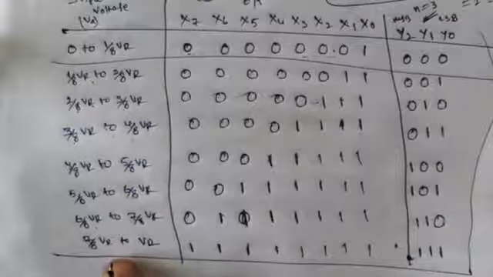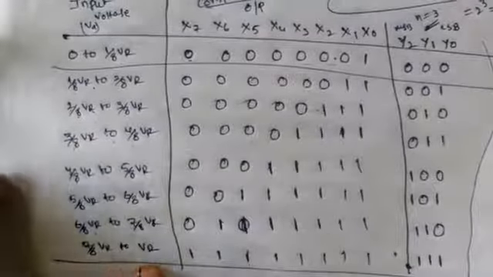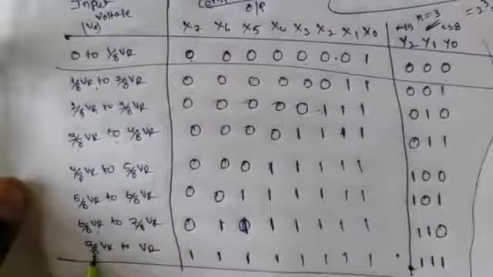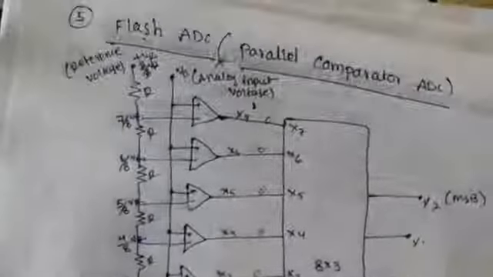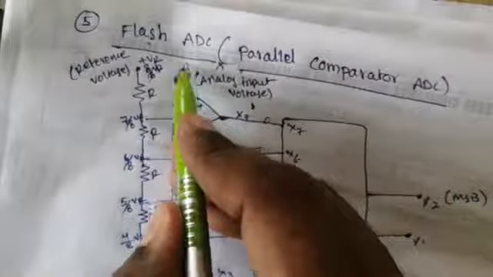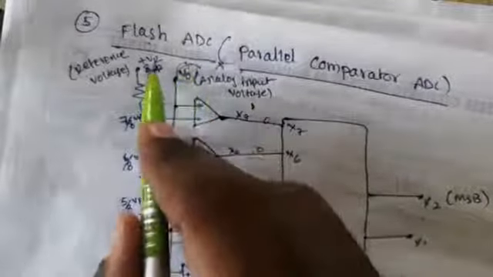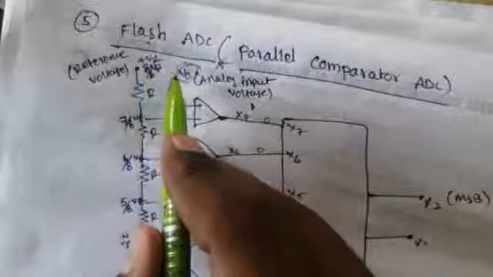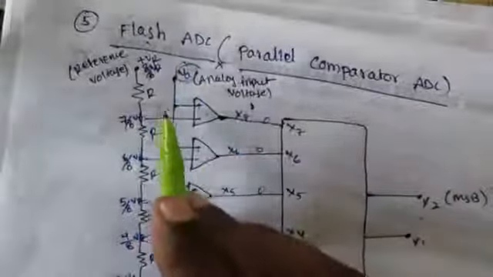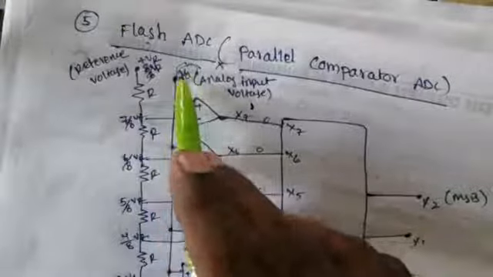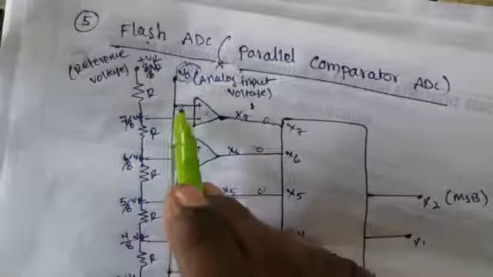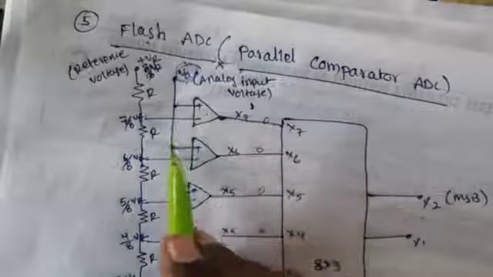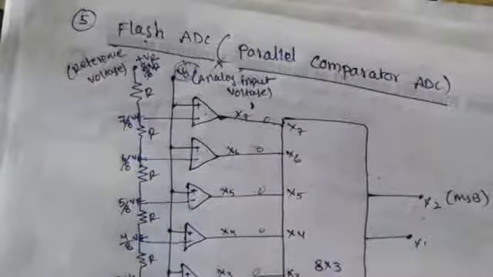In the last case, 7 by 8 VR, the analog input voltage must be in between 7 by 8 VR to VR. Means you can apply an analog input voltage that is equal to the reference voltage. When the analog input voltage is greater than the reference voltage, all the comparator non-inverting potentials are greater.